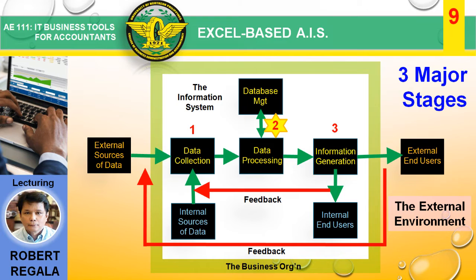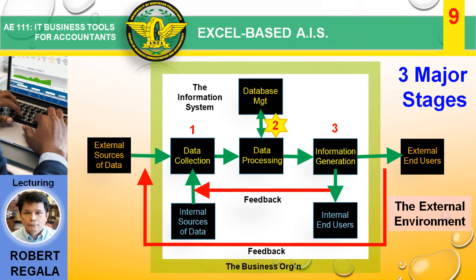Tasks in the data processing stage range from simple to complex, depending on how the system was designed. Examples include mathematical algorithms such as linear programming models used for production scheduling applications, statistical techniques for sales forecasting, and posting and summarizing procedures for accounting applications.